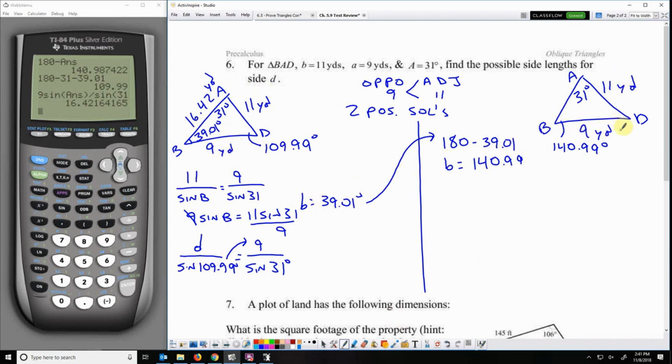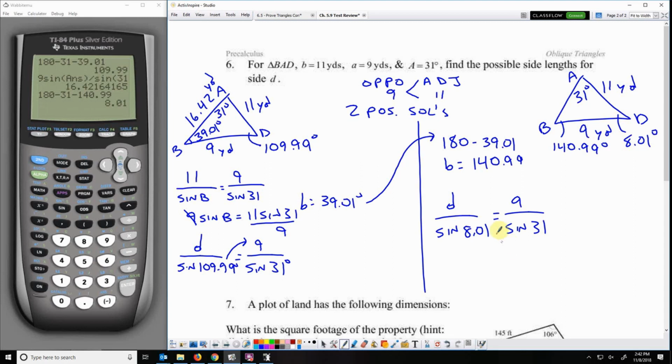Now I need to finish this solution set. So I'm going to do 180 minus these two angles. And I get 8.01. So that's my third angle. So I can do side D as D over sine 8.01 equals 9 over sine 31.